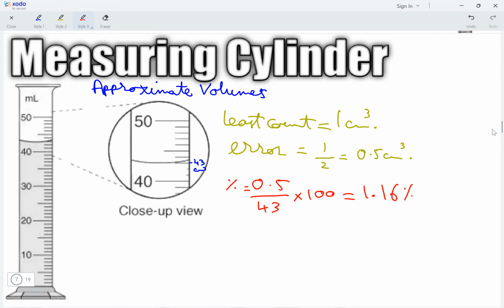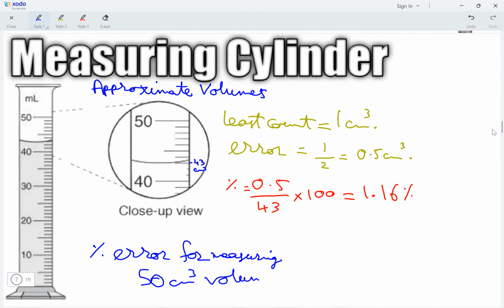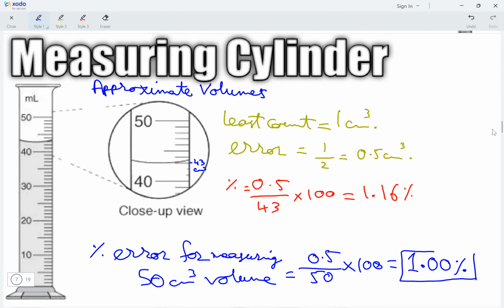If we take the maximum volume that is available to us, that is 50 cm cube, the percentage error for measuring 50 cm cube volume would be 0.5 upon 50 into 100, which gives us 1.00% error.